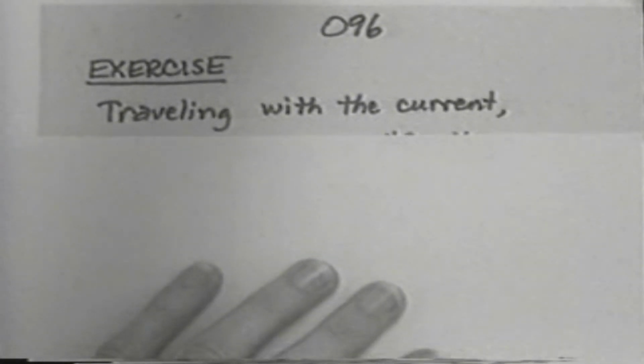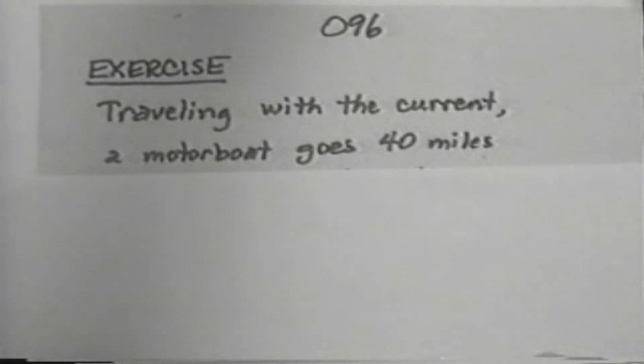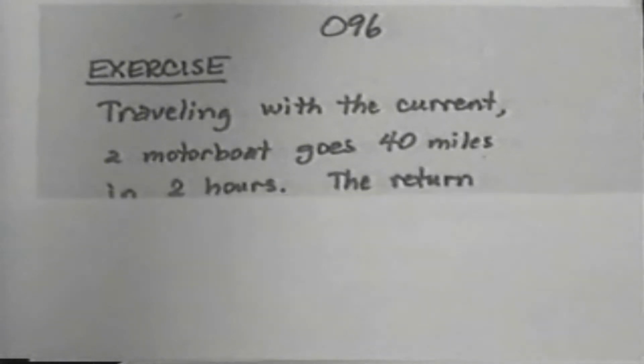For your exercise, you're going to be working with a boat. So copy this problem carefully. Your exercise says, traveling with the current, a motorboat goes 40 miles in 2 hours.